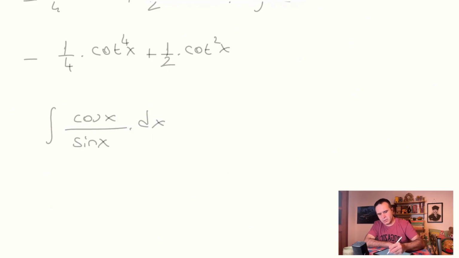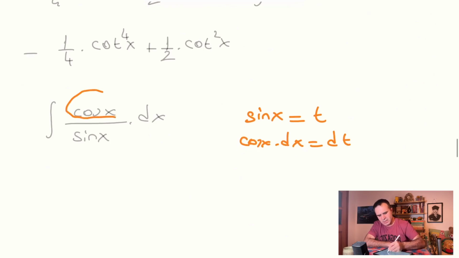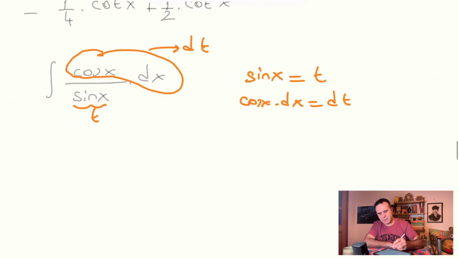Then we say that sine x is equal to, for example, t, and take the derivative: cosine x dx is equal to dt. Then the integral becomes the integral of 1 over t times dt.